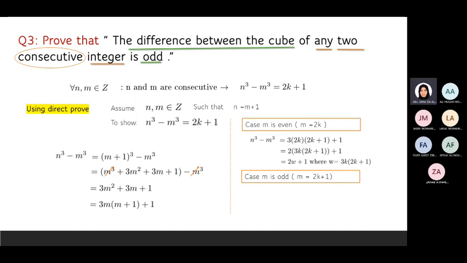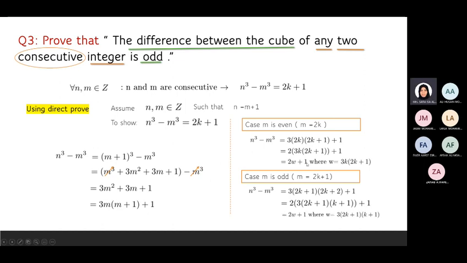Now I have to continue with the second group. What if the m is odd? Can I substitute? Yes. m is odd يعني 2k plus 1, فبعبر عن m 2k plus 1. m plus 1 بصير 2k plus 2. Here 2 is a common factor, can be taken out, and this term will be even now.